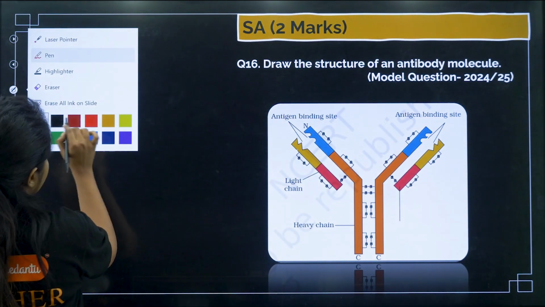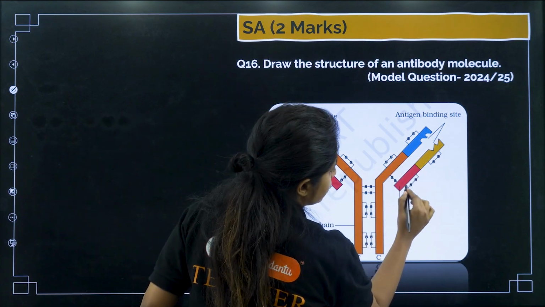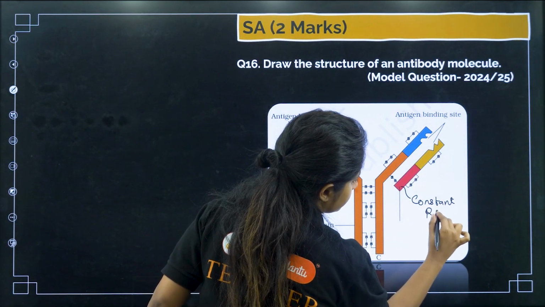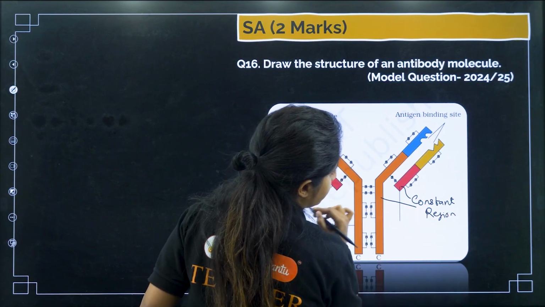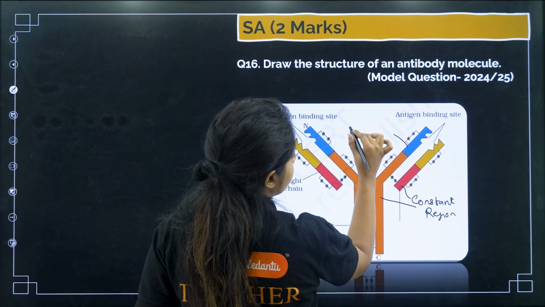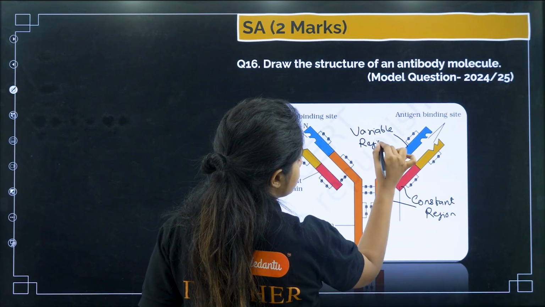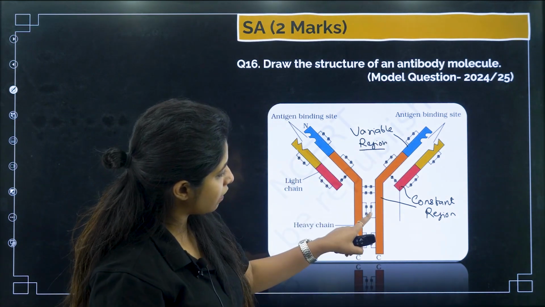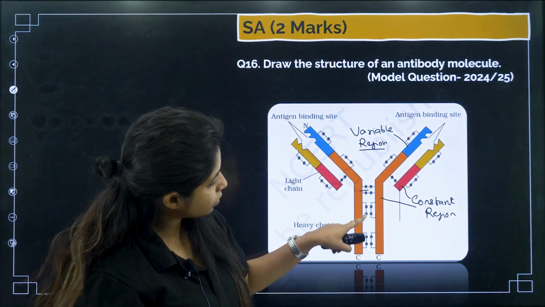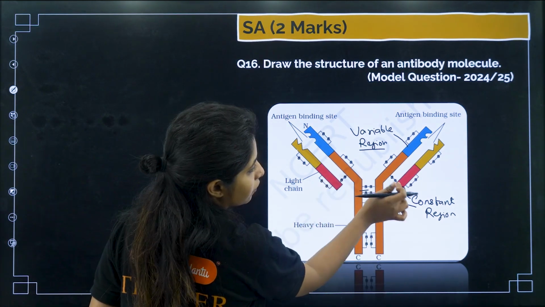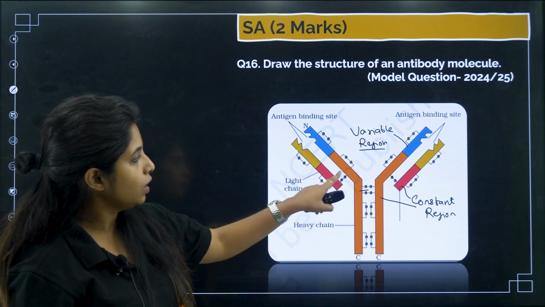If you want, I can mark it over here for your understanding. So this thing that you see is the constant region, both here and here. This thing that you see is the variable region. Now over here they have sulfide bonds among themselves and also internal sulfide bonds. Here also between the light and heavy chain, they have a sulfide bond, just some sulfide bonds over here.